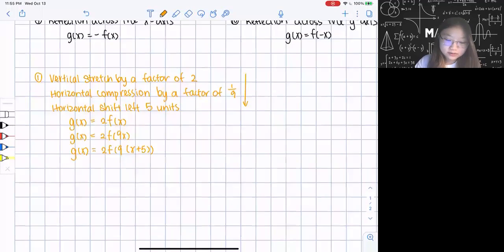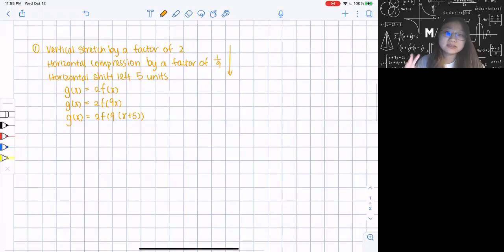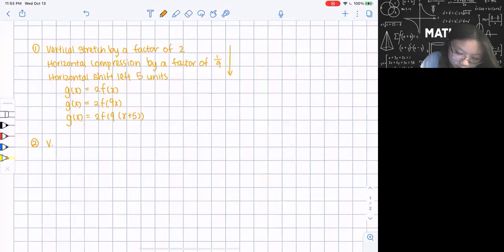Because I'm just gonna give you another example, which is different from this one, but a lot of people will miss it. For example, if I'm saying that I have a vertical stretch by a factor of 2, right? That doesn't change.